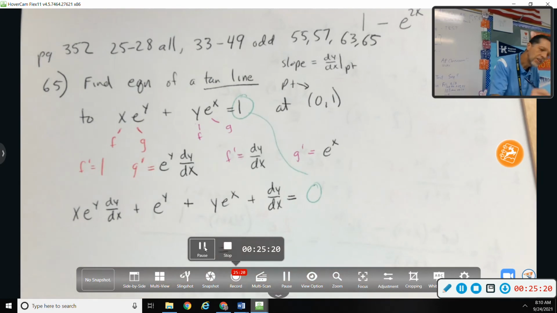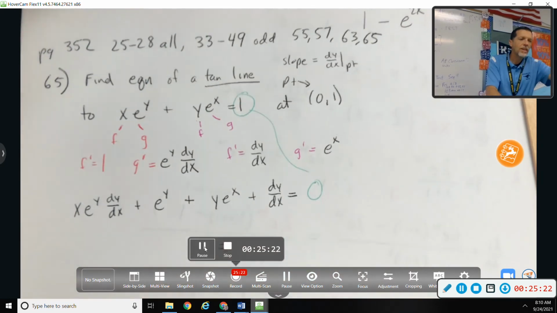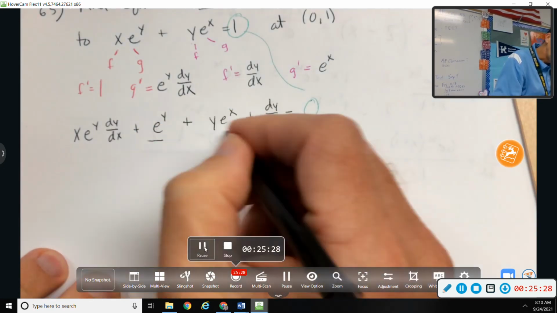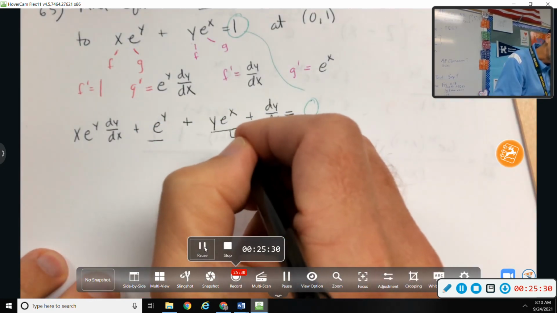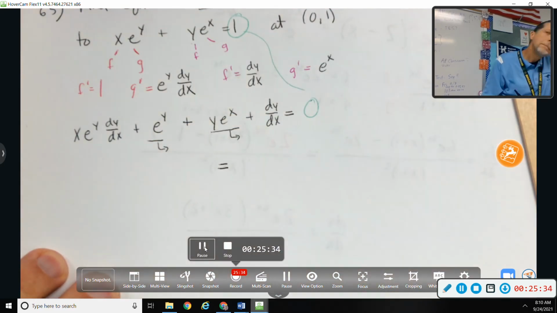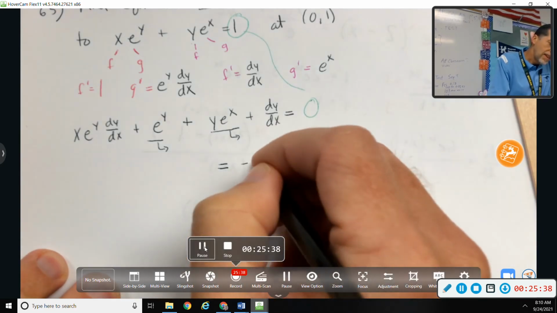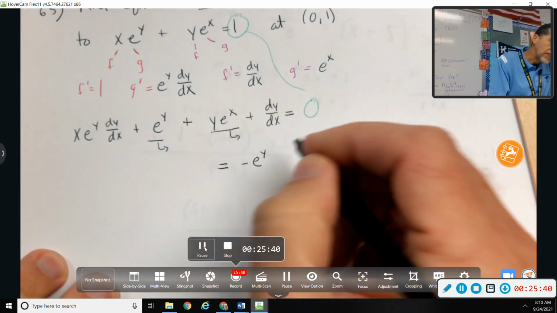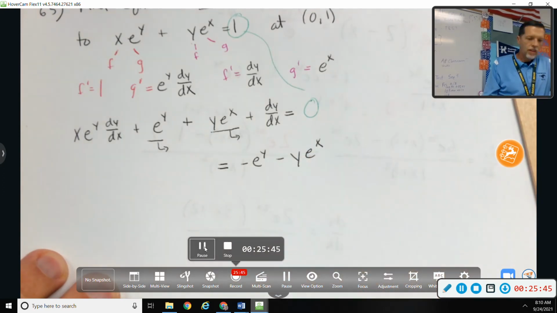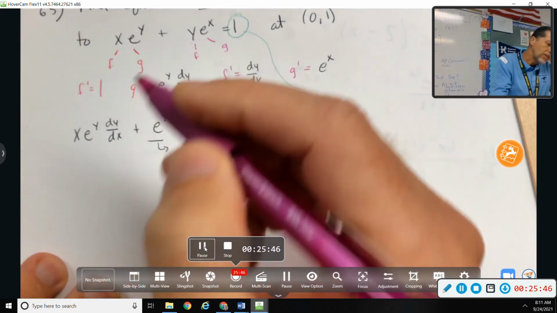Okay, algebra fans. Let's see. How much can I do at once? I'm going to move over the stuff that doesn't have a dy/dx on it. And then what am I going to do with what's left?